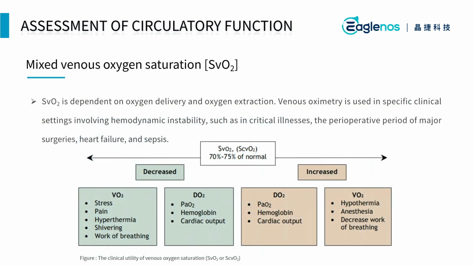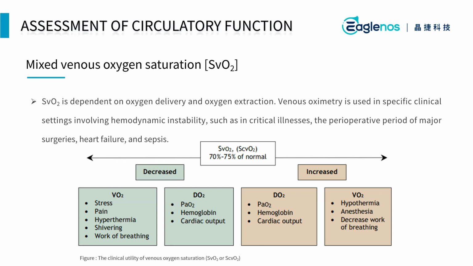Blood gas analysis typically uses arterial blood samples to assess oxygenation and ventilation, but venous blood samples can also provide valuable insights, especially in certain clinical situations. Venous oxygen saturation reflects the balance between oxygen delivery and oxygen extraction by tissues.